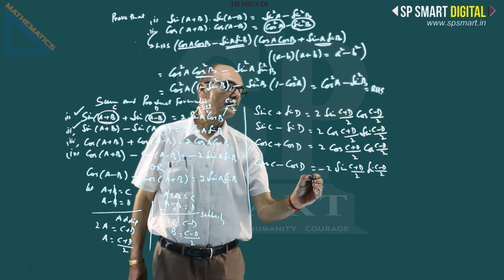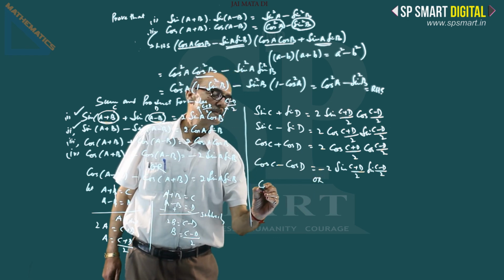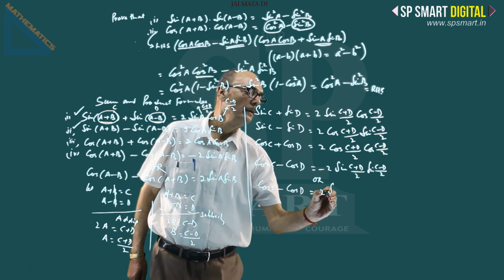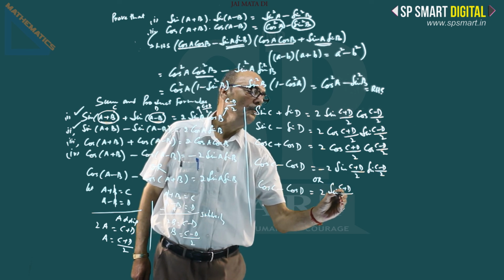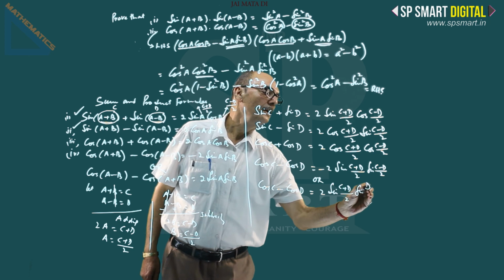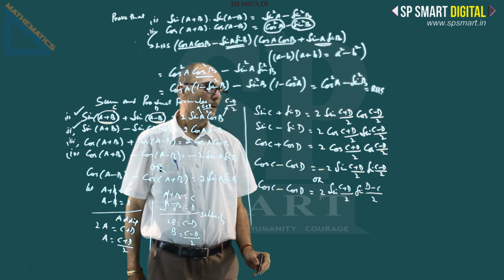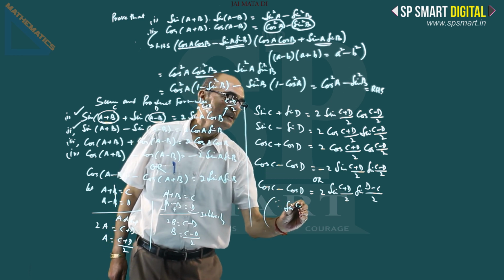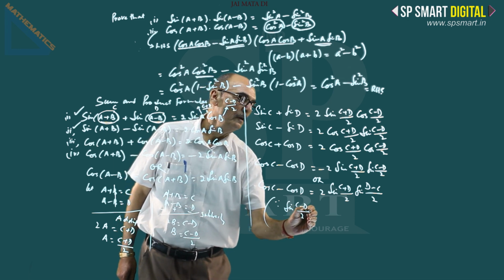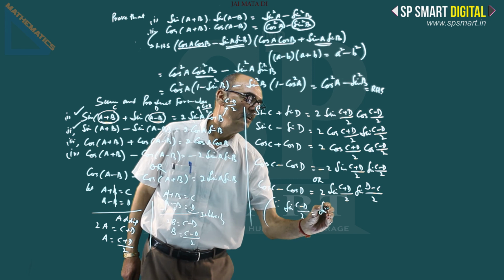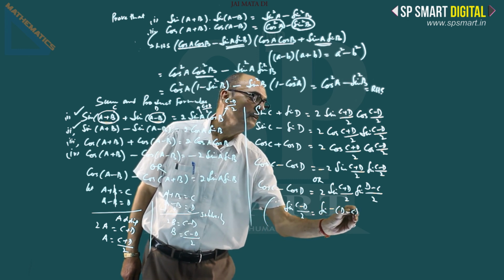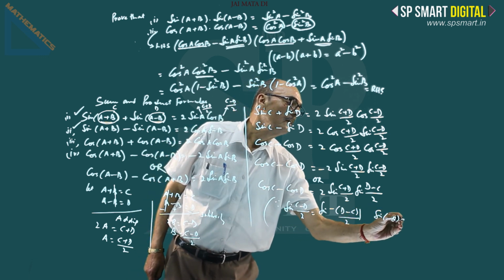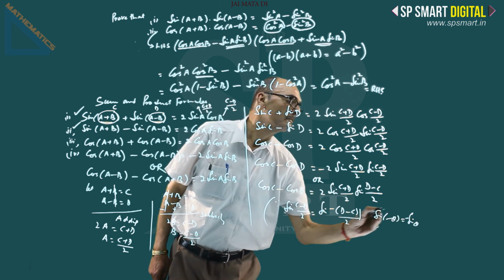Now, this can be written otherwise: cos C minus cos D as 2 sin((C plus D) by 2) sin((D minus C) by 2). This is because sin((C minus D) by 2) can be written as sin of minus common, (D minus C) by 2, and sin of minus theta is sin theta with a minus sign.